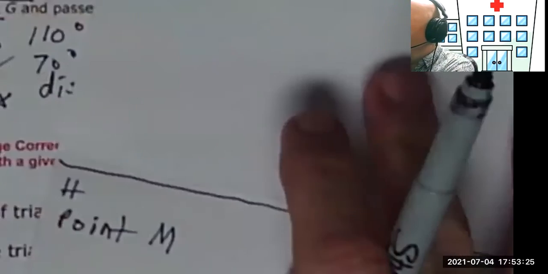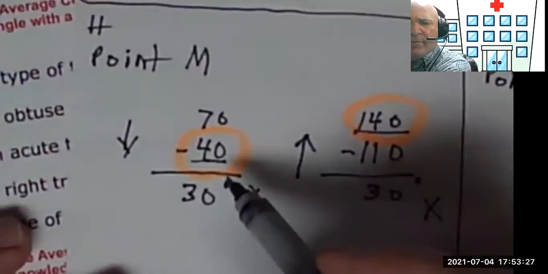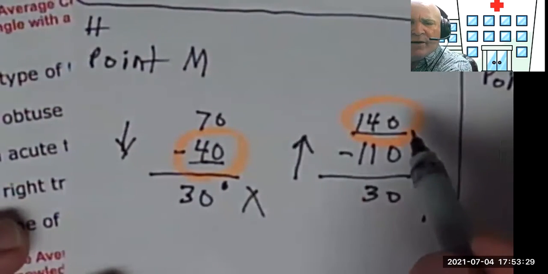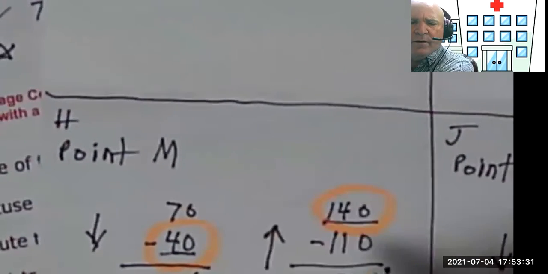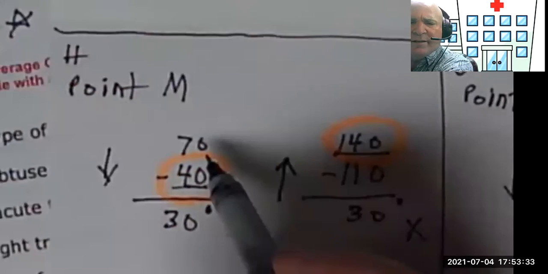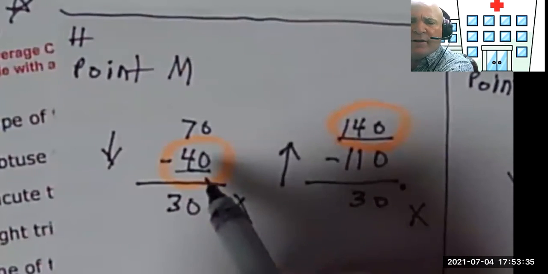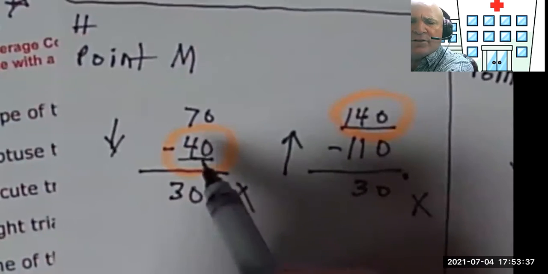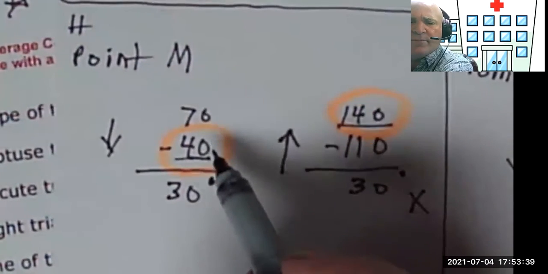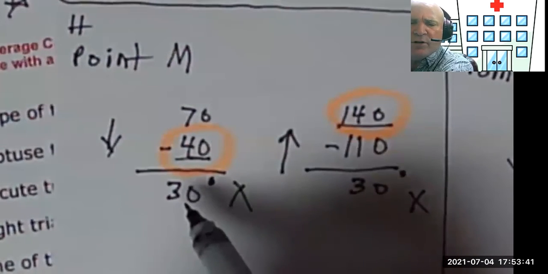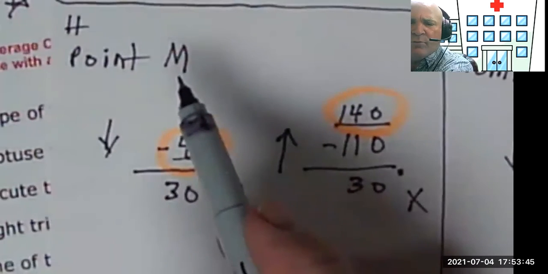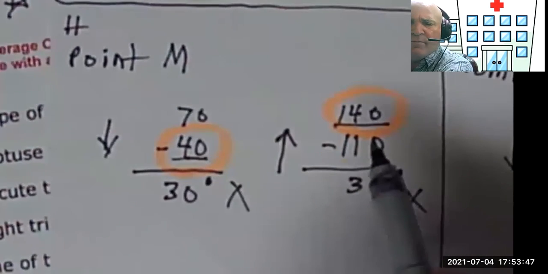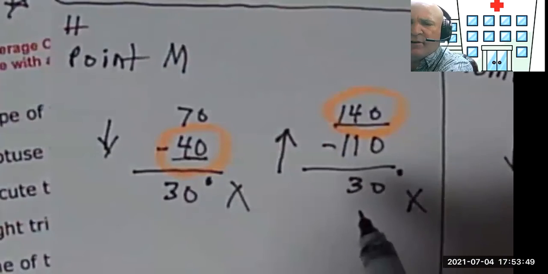And we're going to be using the same other two numbers as before, 70 minus 30, because the difference of two rays becomes their measure. 30 degrees is the measure that point M would create. 140 minus 110 is 30 degrees.